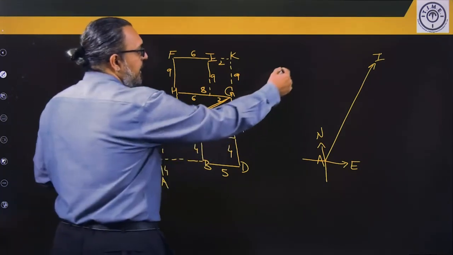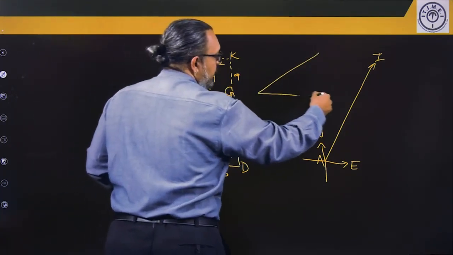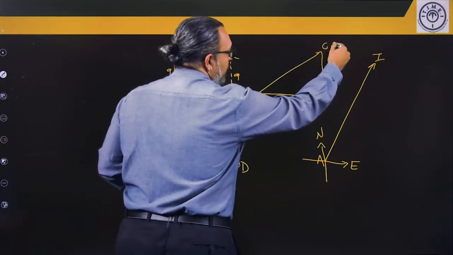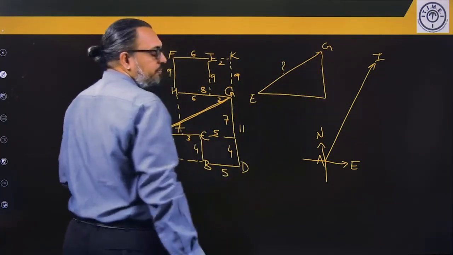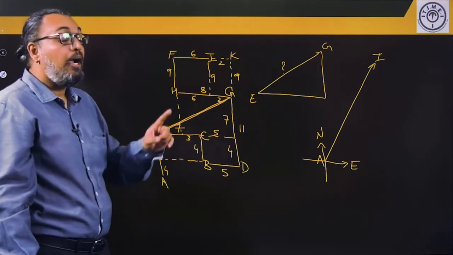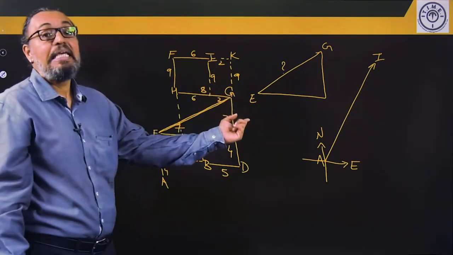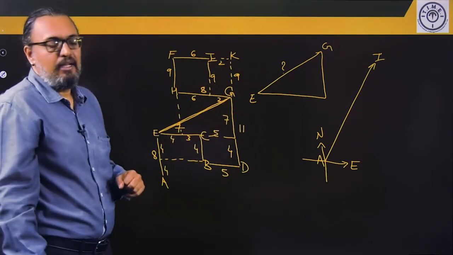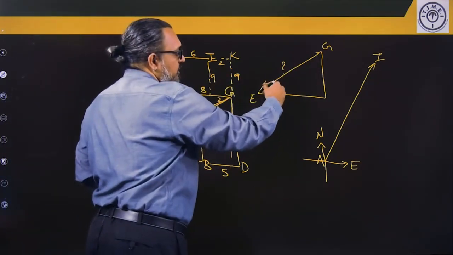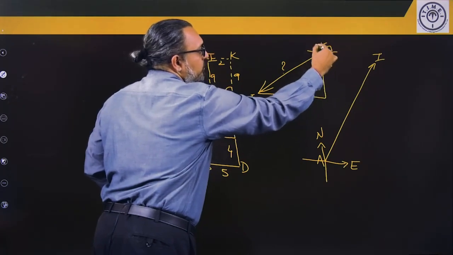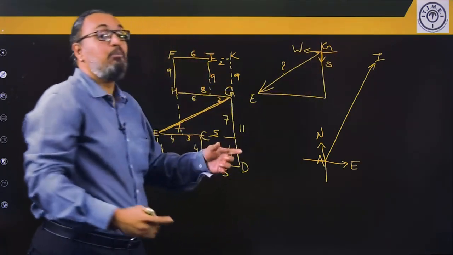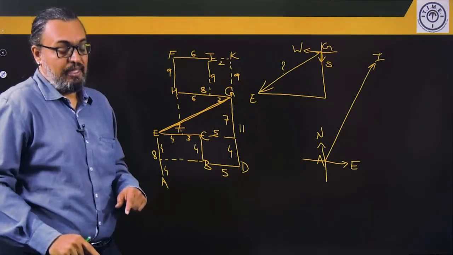So this is where you have G and this is where you have E. So this is the distance I want. Correct? And also in which direction is E? He is asking. That means from G I have to check. So what is this direction? If I simply put a plus sign here, the downward is south, your left is west, I am getting southwest. Correct?